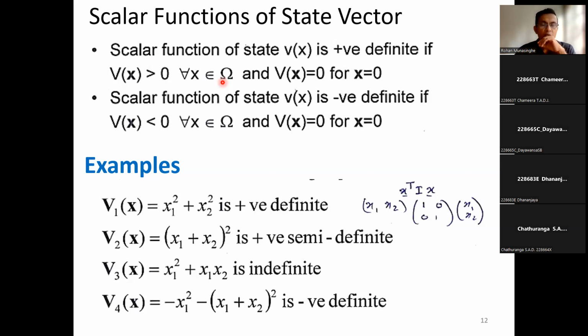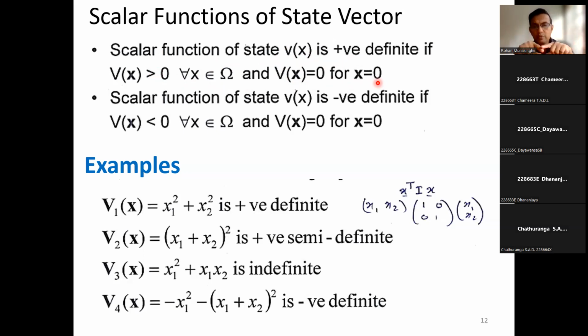So within that area, if Vx is positive, then we call it positive definite. You can have 0 at 0 only. 0 means the equilibrium state. So there's a function, we call it energy.